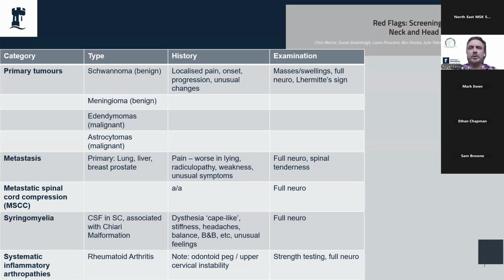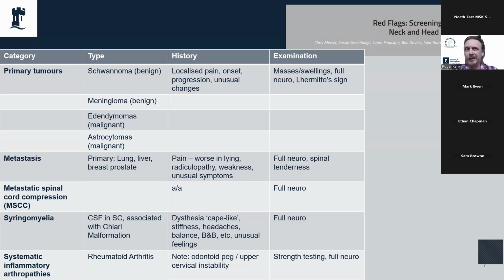And then right at the bottom there, about serious pathologies. Well, it's not really a serious pathology, but it can cause complications for the head and neck and shoulder region. Systemic inflammatory arthropathies, particularly rheumatoid arthritis, and just going back and thinking about the formation of the odontoid peg and the laxity of the upper cervical ligaments in there as well.